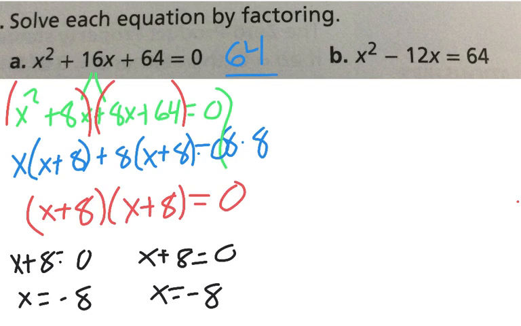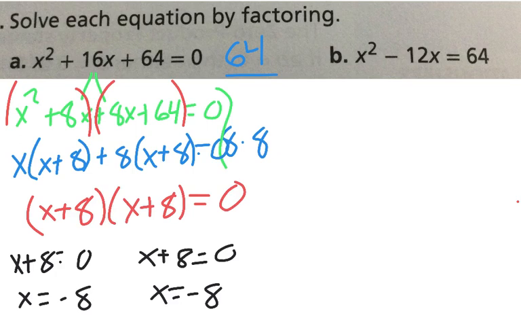You might could see it better if you rewrote this. This is why I talked about you had options. What is x plus 8 times x plus 8? What's another way we can write that? X plus 8 squared. Well, if you write it like this, what form is this in? This is vertex form. A times x minus h squared plus k.